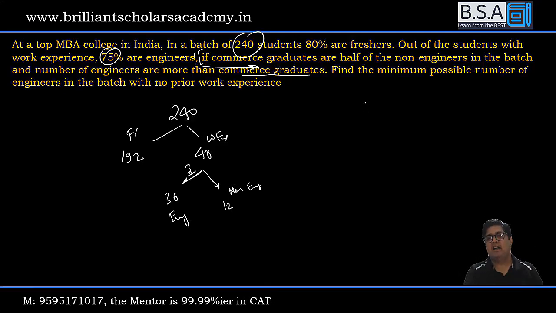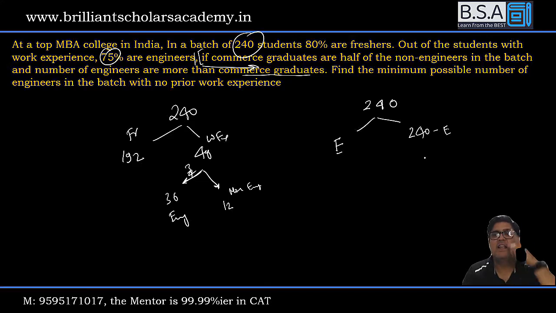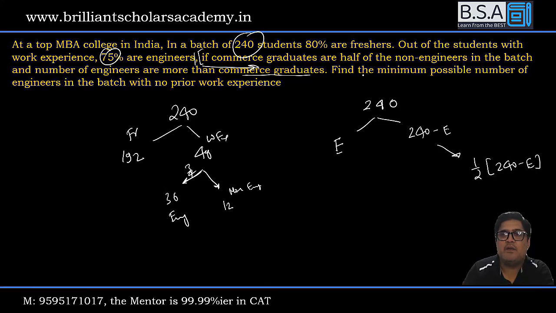So if I say there are 240 people, out of these there are E engineers, then there are 240 minus E non-engineers, and within these you have half of them as commerce graduates. Now what is being said here: the number of engineers are more than commerce graduates.